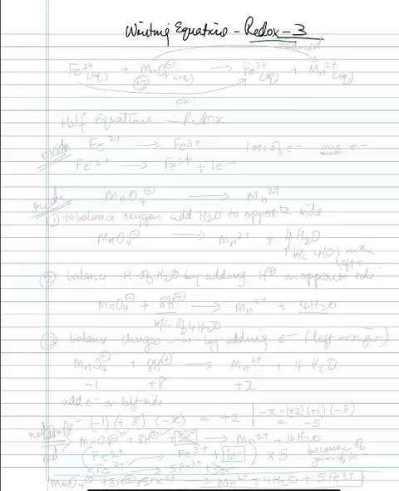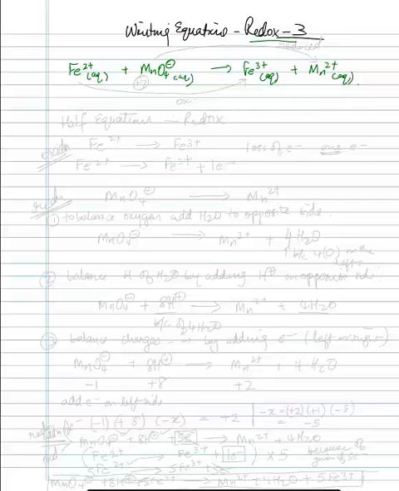Now for the third part of writing redox equations, and that has to do with balancing equations out. For example, let's take the previous one that we were working on, which is Fe2+ (aq) and manganate, MnO4- (aq), giving Fe3+ (aq) plus the manganese ion (aq).